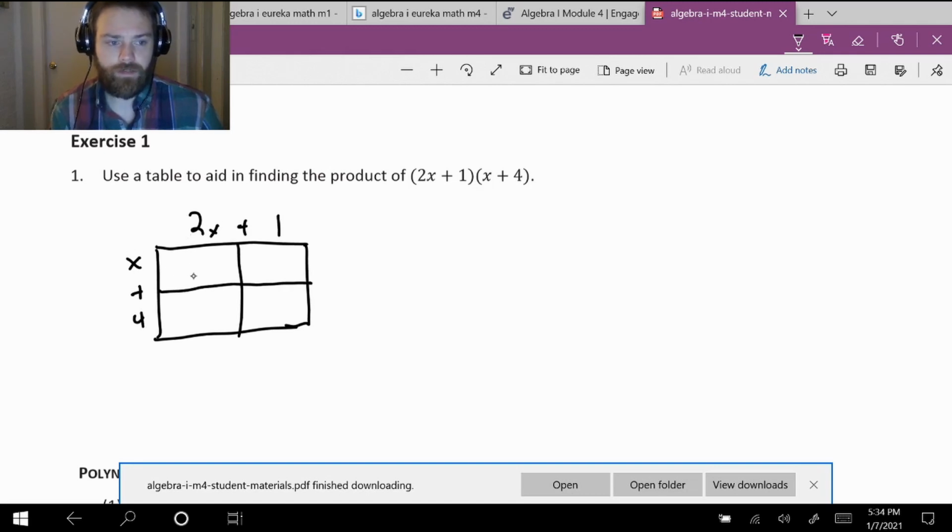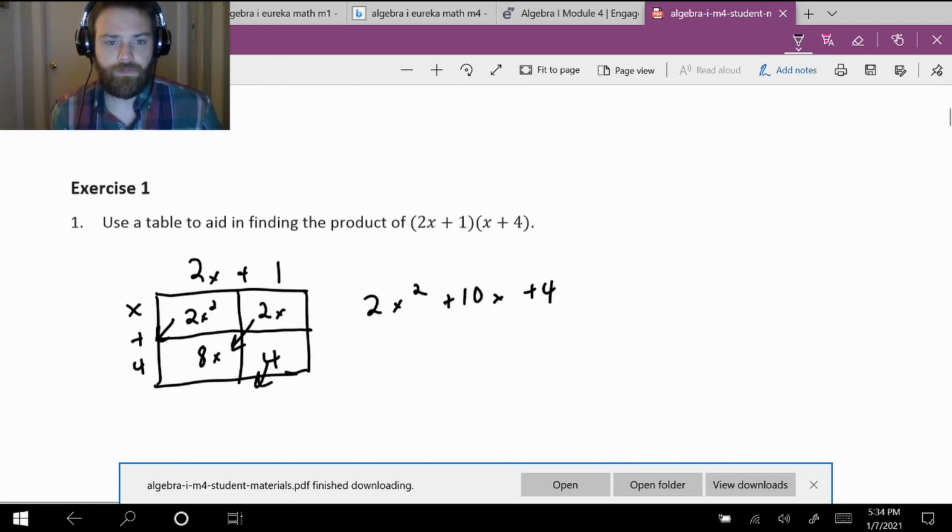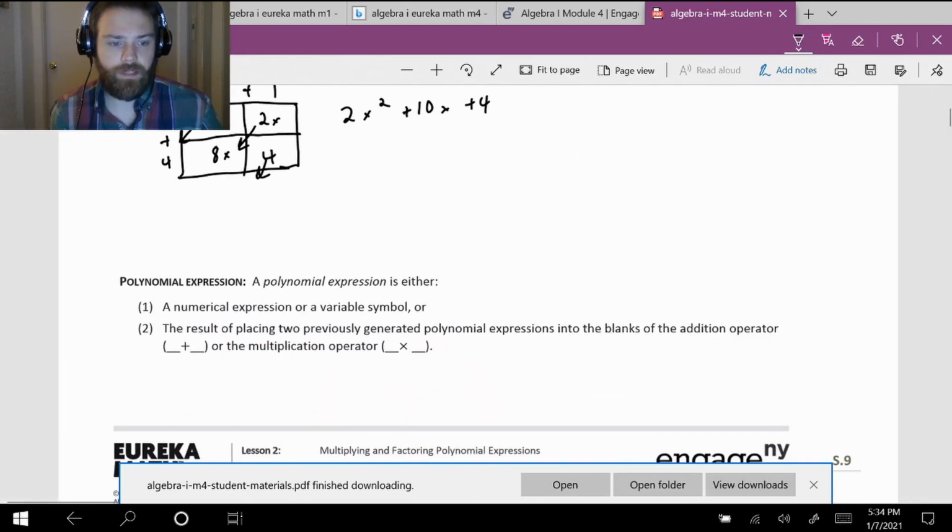So 2x times x is 2x squared, 2x times 1 is 2x, 2x times 4 is 8x, and then 4 times 1 is 4. And then I'll just add across these diagonals, and I've got 2x squared, 2x plus 8x is 10x plus 4, and that's it. We're done with that piece.